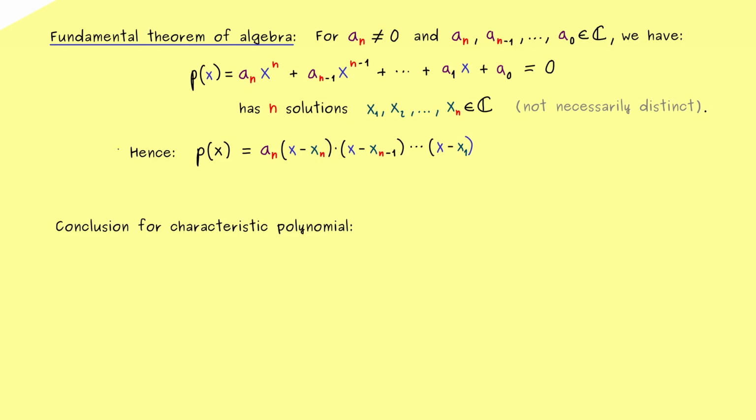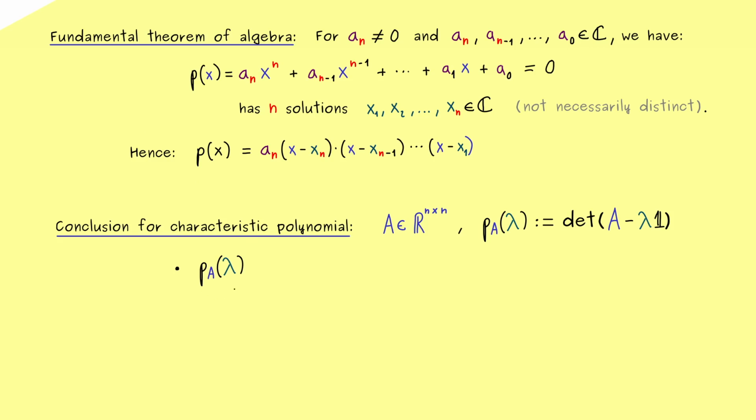However, before we go into the details there, let's first draw some important conclusions for the characteristic polynomial. There, please recall, for a square matrix A, we define p_A as the characteristic polynomial. So more precisely, p_A of lambda is defined as the determinant from before. Okay, and now we can simply apply the fundamental theorem of algebra for this polynomial.